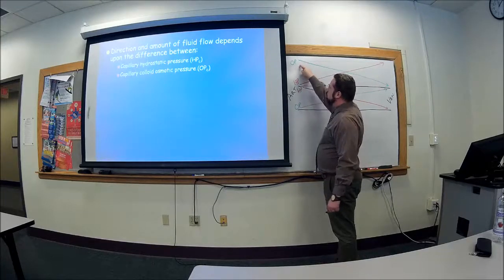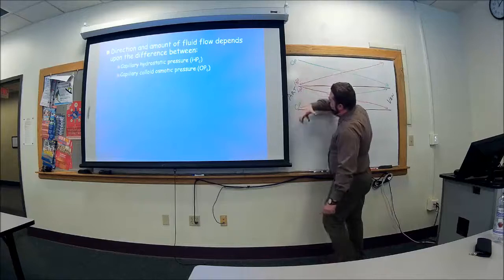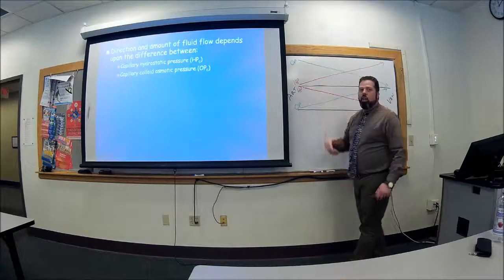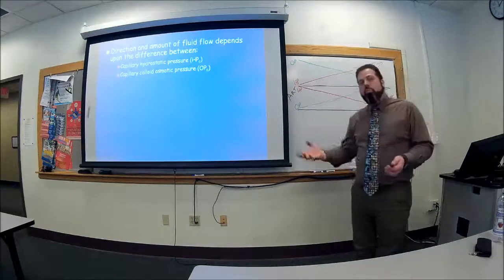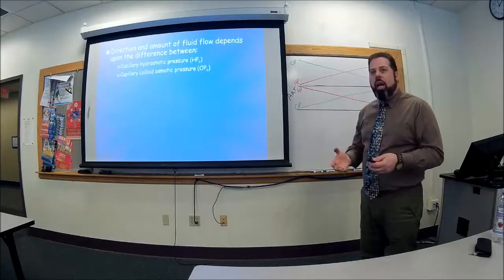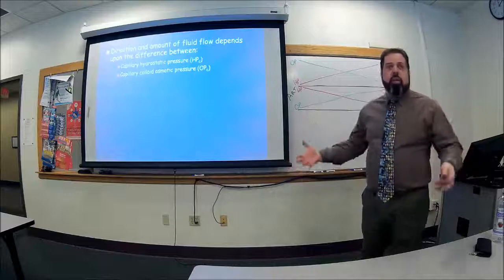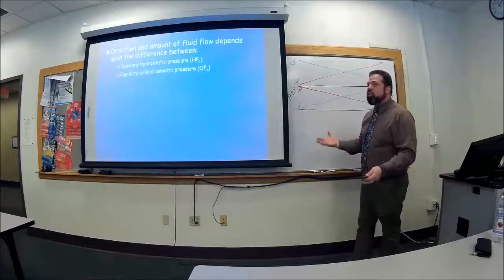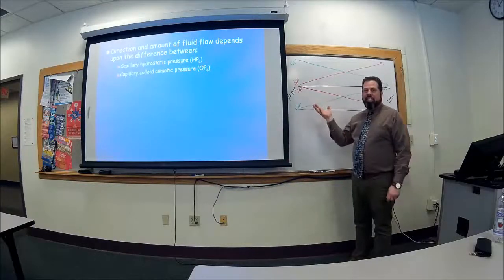The oncotic pressure of the interstitial area is going to pull it into there. So we're using both of these pressures to get the water into the interstitial area. Why? We don't have to do it. It's just nature. It's just physics. It's going to do that.